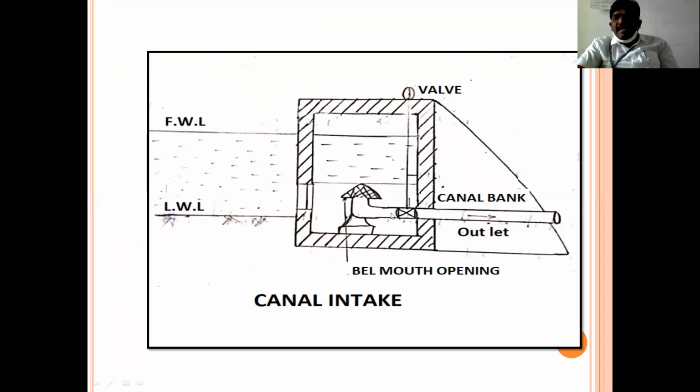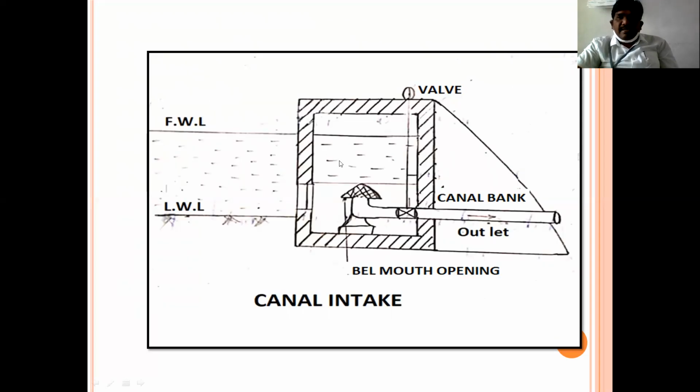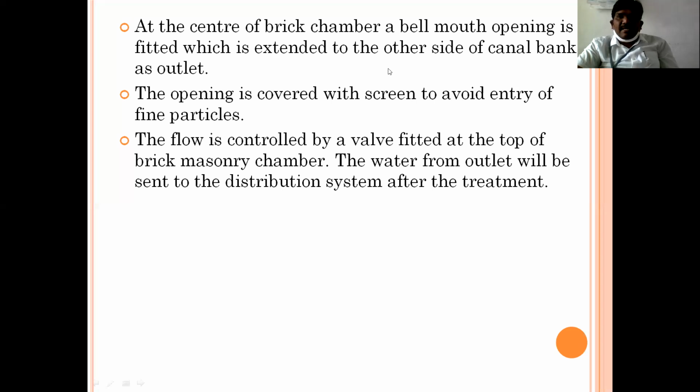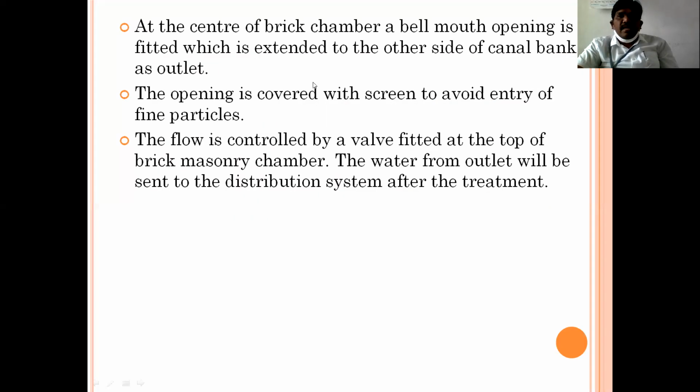This pipeline acts as an outlet, and this outlet will be connected to the treatment plant. From the treatment plant, after the treatment, water will be supplied to the consumer. Understand? At the center of the brick chamber, a bell mouth opening is fitted, which is extended to the other side of the canal bank as the outlet.